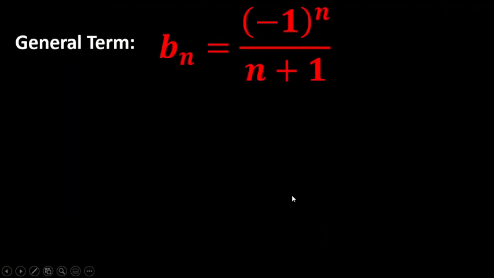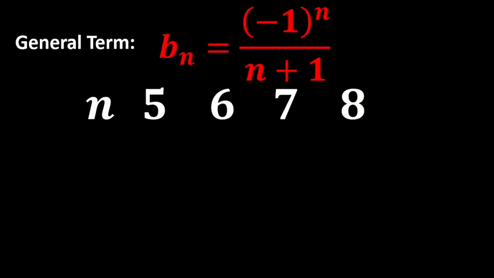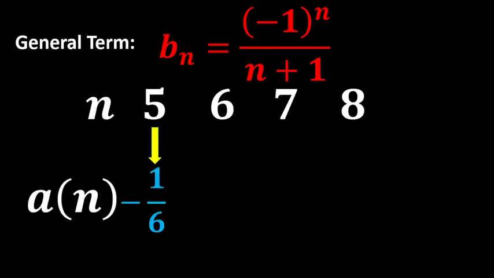Okay. So given the general term b sub n is equal to negative 1 raised to n over n plus 1, and we are looking for the 5th to 8th term, the 5th term is negative 1/6. The 6th term is 1 over 7. The 7th term is negative 1 over 8.